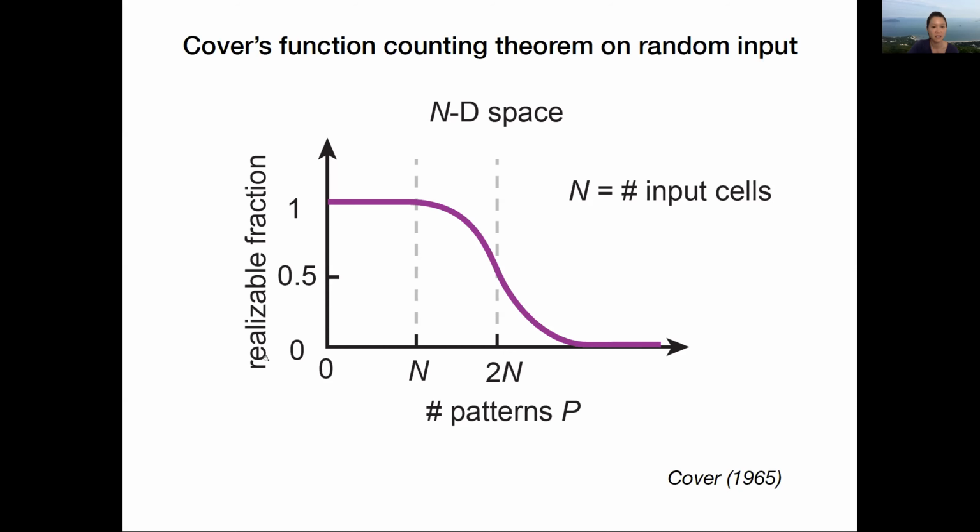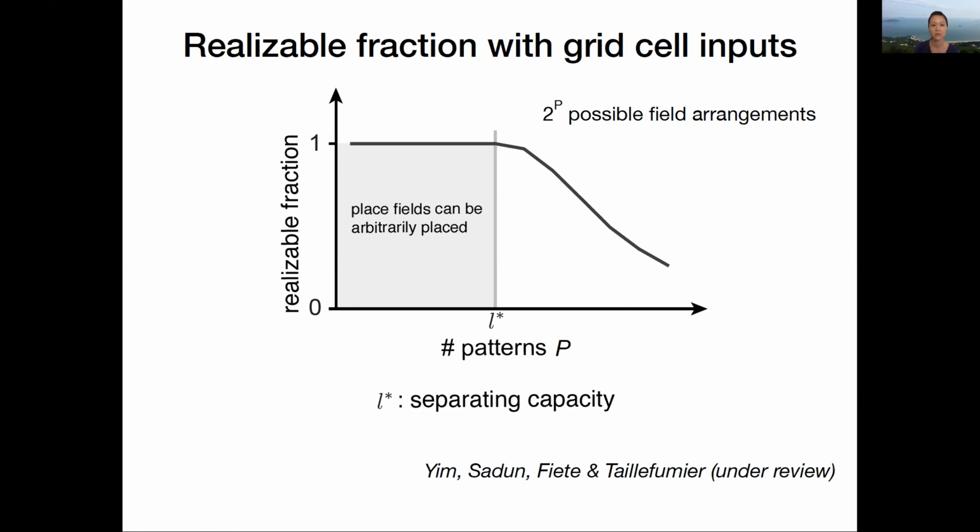This axis shows the fraction of realizable arrangements with p random patterns. One thing to note here is that in n-dimensional space, the fraction is 1 for p smaller than or equal to n, and beyond that point, the fraction drops below 1. This is for random input. So we get back to our grid cell input, which are spatially structured.